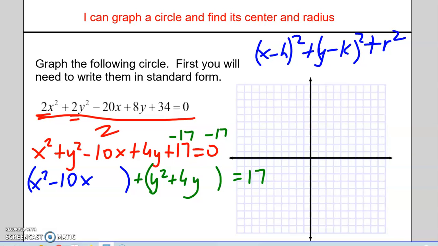So what I need to do now is complete the square. So what do I add to this and what do I add to this? So we take half of negative 10, and that's negative 5, and we square it. So this is going to be plus negative 5 squared. And over here, this is going to be half of 4 is 2, and that's 2 squared.